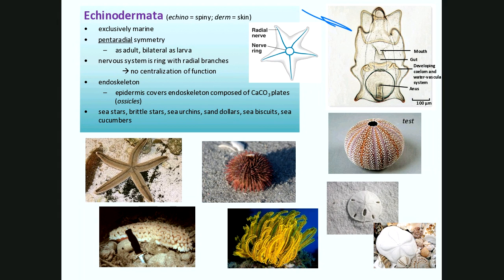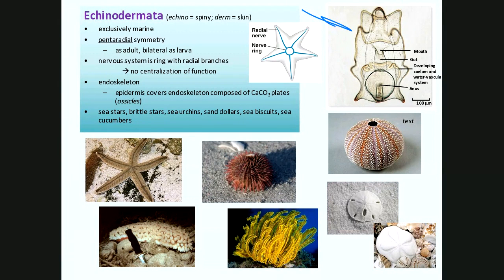When we get into the chordate chapter, there's something very significant about those larvae being bilateral, but I don't want to kill the lead there. We'll talk about it when we start talking about the chordates.